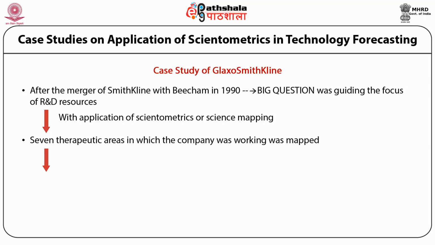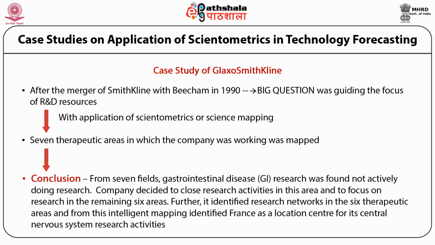Through scientometric analysis of publication trends and linkages derived from the publication analysis, gastrointestinal diseases were identified. Research was not significant in this area by these two companies after merging.